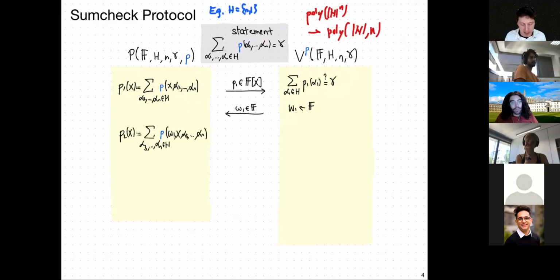And the prover will now be required to send the next partial sum, having fixed the first coordinate to omega 1. So the prover fixes the first coordinate to this randomness and sums over everything but the second coordinate. This gets P2.